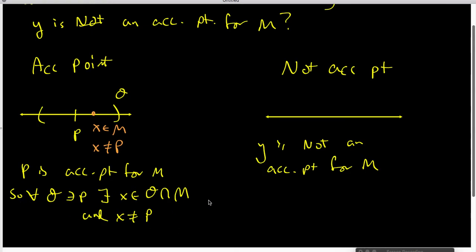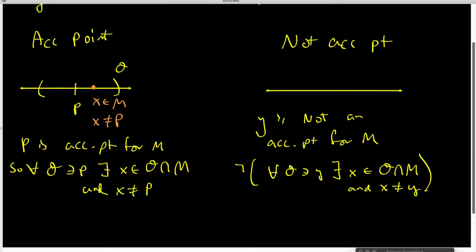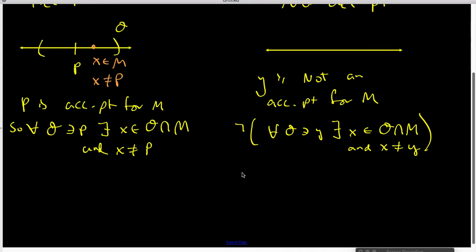Well, it means that we have the negation of, for every open interval containing Y, there exists an X inside this intersection, and X is not equal to Y. Now, to negate that thing, we're going to negate it one step at a time, and then we're going to kind of figure out how to draw this.